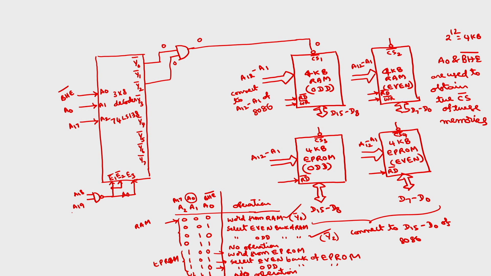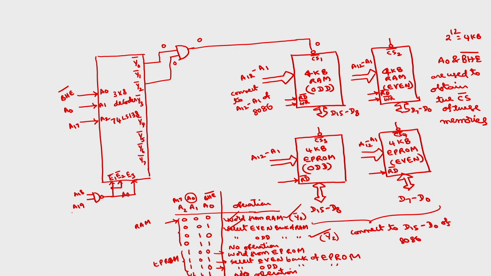Now what about CS2 bar? How to generate the signal for CS2 bar? In which cases CS2 bar has to be selected? CS2 bar is even RAM bank. So this can be either the first one or the second one. In the first it is word, so both even and odd have to be selected. In the second it is only exclusive even of RAM. Okay.